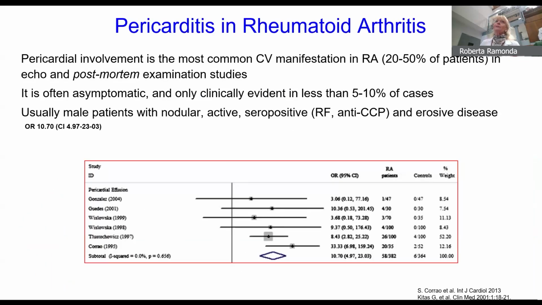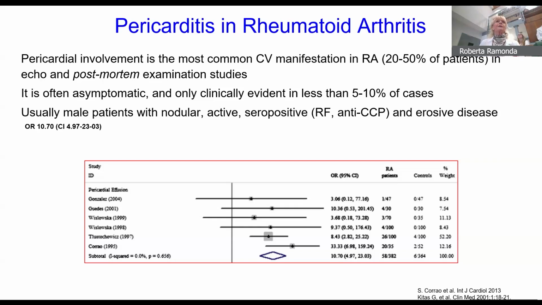Pericarditis is quite frequent in patients affected by rheumatoid arthritis. In fact, the cardiovascular manifestation is present in between 20 and 50% of patients. It is prevalently asymptomatic and only clinically evident in 5 to 10% of the cases.